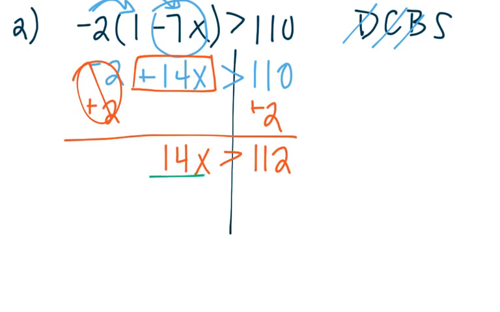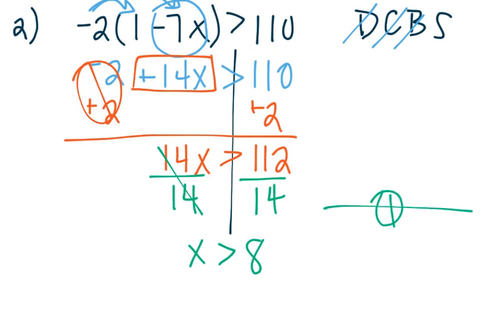Now we can divide both sides by 14 and check that in your calculator. 112 divided by 14. And we divided by a positive 14, so we don't need to flip our sign. We're just going to keep it as x is greater than 8. D is the only answer that has 8. It's got a number line with an open circle, greater than, moving to the right.